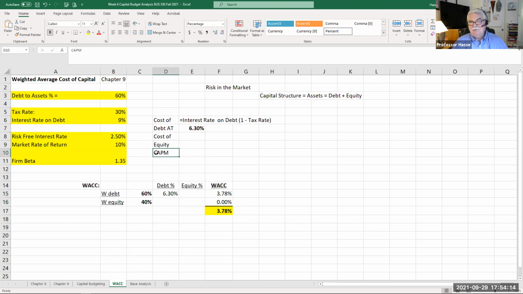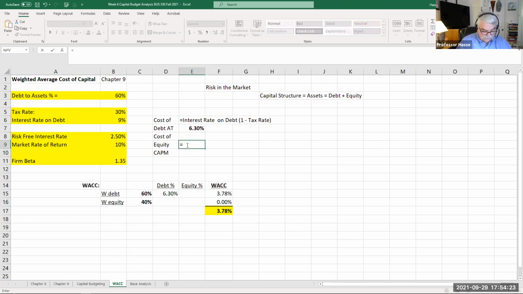It's called the capital asset pricing model, which means in English this: the risk-free interest rate plus the market premium interest rate times the beta of our company.